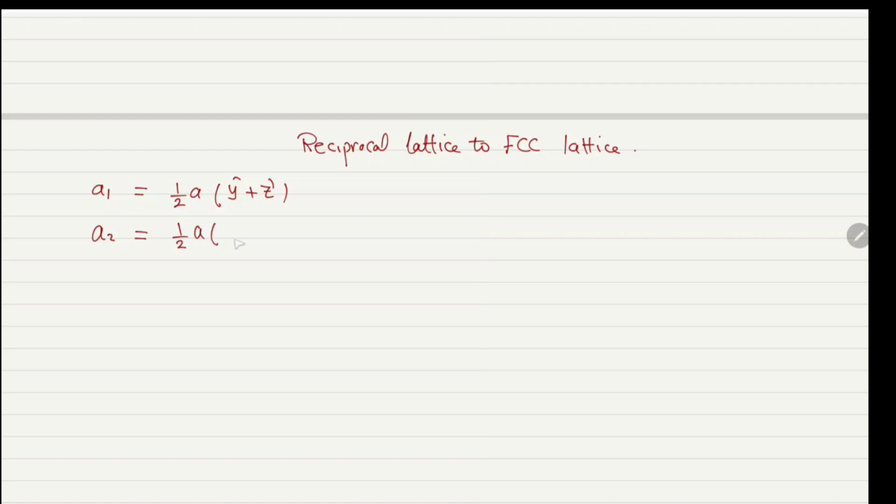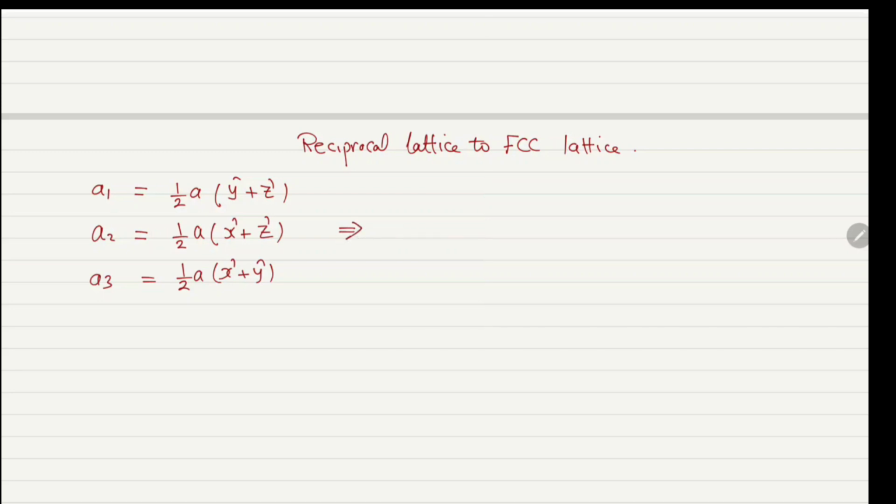Now let's find the reciprocal lattice to the FCC lattice. In FCC, A1 is equal to half A times y hat plus z hat, A2 is equal to half A times x hat plus z hat, and A3 is equal to half A times x hat plus y hat.